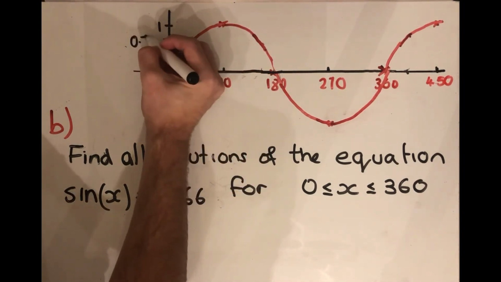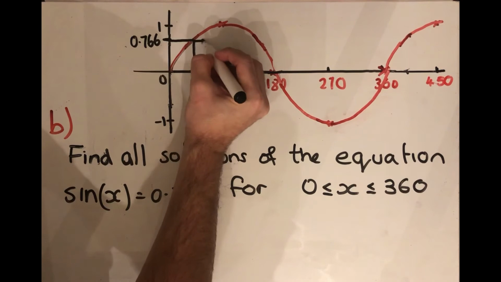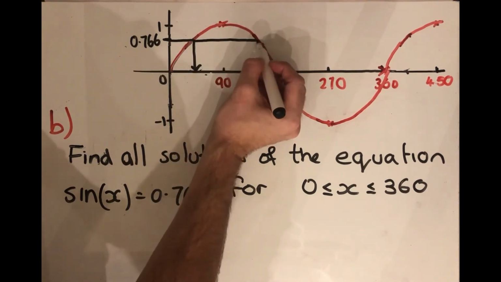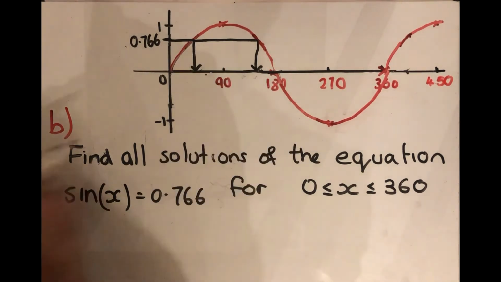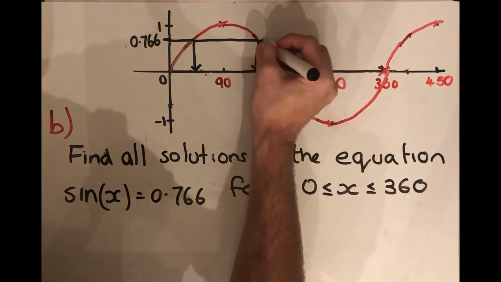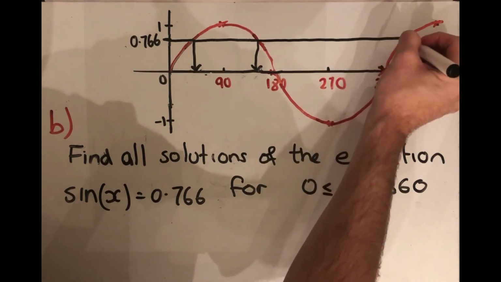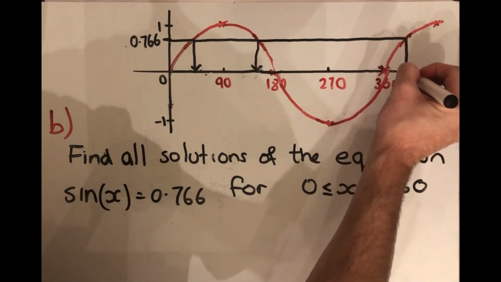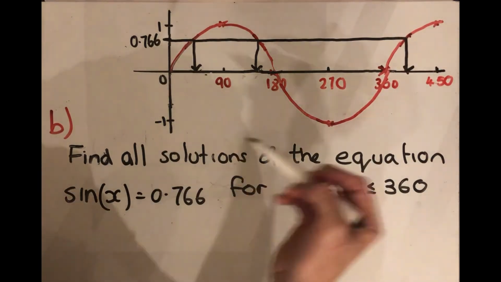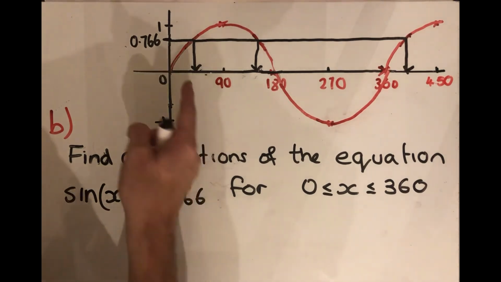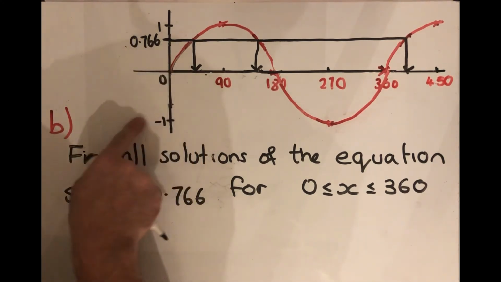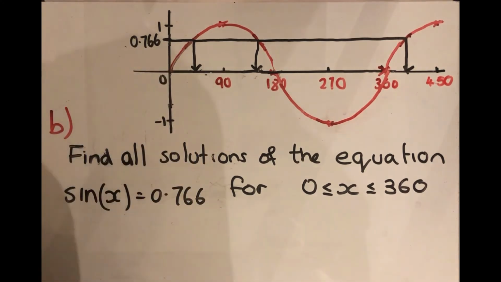But a continuation, and apologies, not a straight line, I've got another answer there that will give me 0.766, whatever this value here is. And if I continue that line over, I've actually got another answer over here. If this wave continued, I'd have more and more, in fact an infinite amount of answers. But I'd also have answers in this direction if the curve continued this way. So bear that in mind for questions as well.